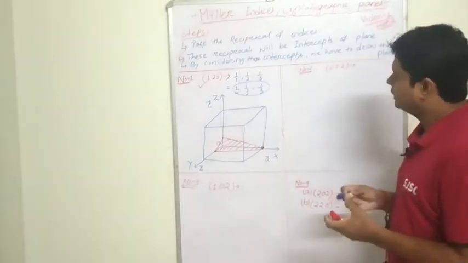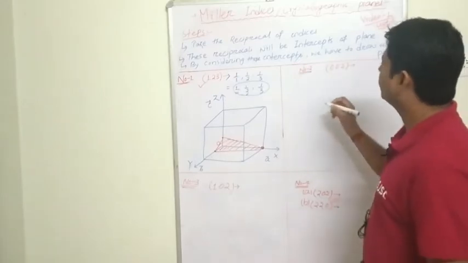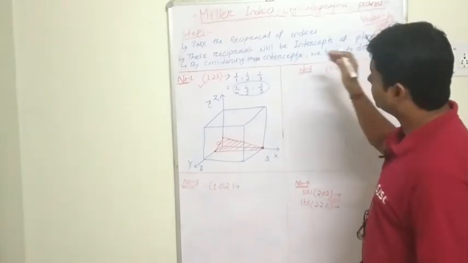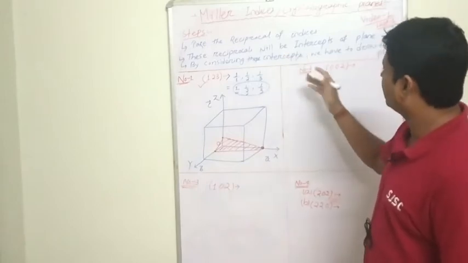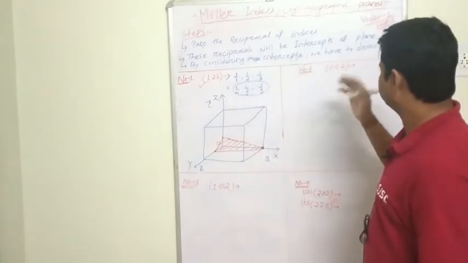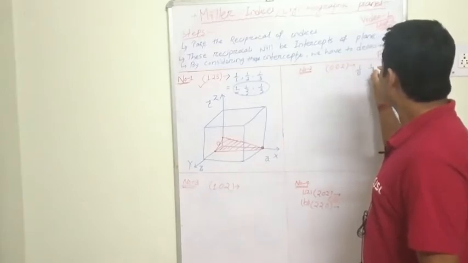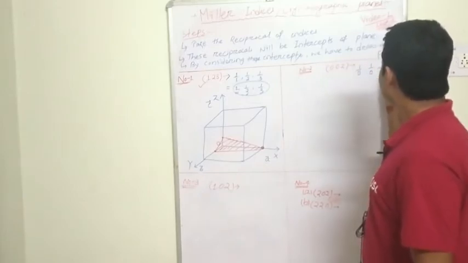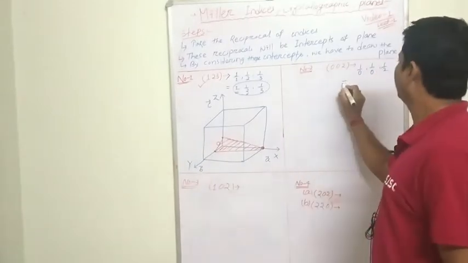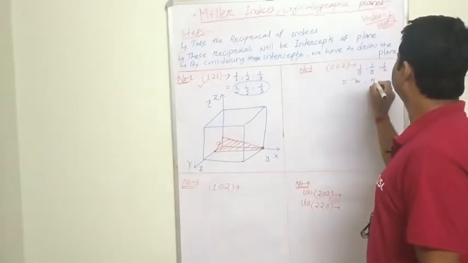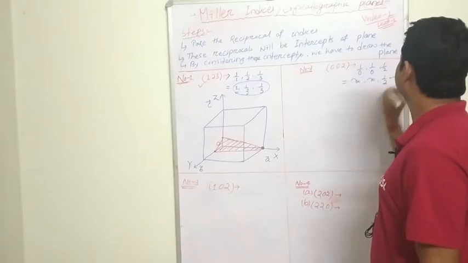For that we first find the reciprocal of these indices, that is 1 by 0, 1 by 0 and 1 by 2, which equals infinite, infinite and 1 by 2.